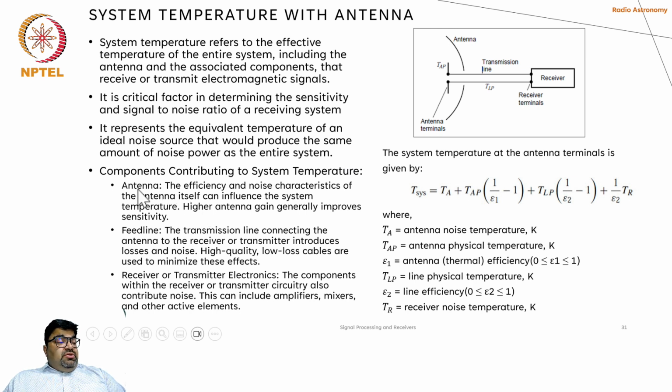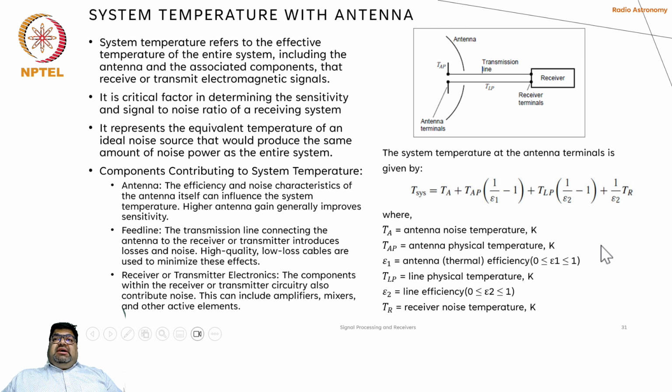The contributing components to the system temperature are the antenna itself, feed lines, receiver, transmitter electronics, etc. A fair culmination of the system temperature can be written as Ts is equal to TA, the antenna temperature, plus TAP, the antenna physical temperature, multiplied by 1 over E1 minus 1, where E1 is the antenna efficiency, plus TLP, the line physical temperature, multiplied by 1 over E2 minus 1, where E2 is the line efficiency, plus TR over E2, where TR is the receiver noise temperature.